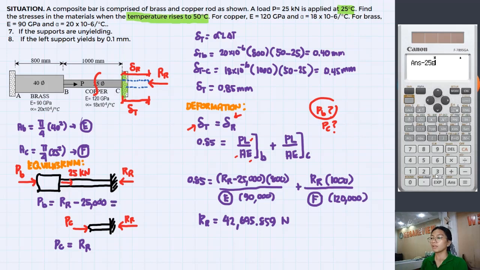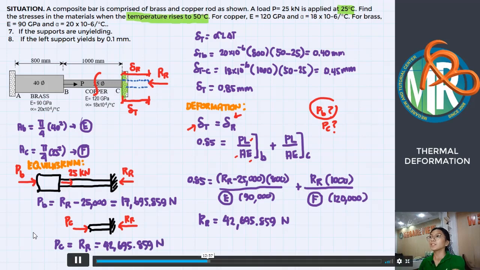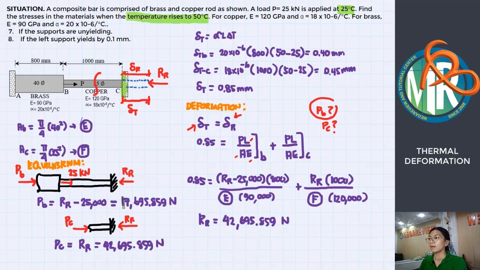RR minus 25,000, that is 17,695.859. Tama? Newton. Si PC naman is just equals RR, so this one is yung 42,695.859 na. So we have our reactions sa brass and copper rod natin, so we can eventually get the stresses dun sa mga materials na yon.